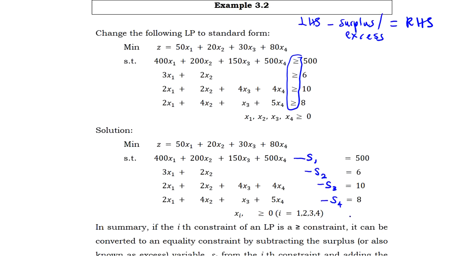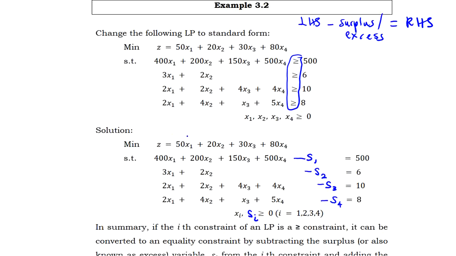So now we have x1, x2, x3, x4 and also these 4 surplus variables. So don't forget to put si greater than or equal to 0, and i equals 1, 2, 3, 4.